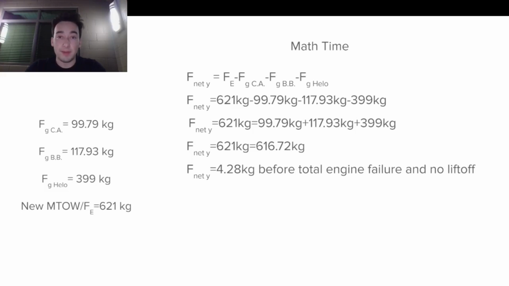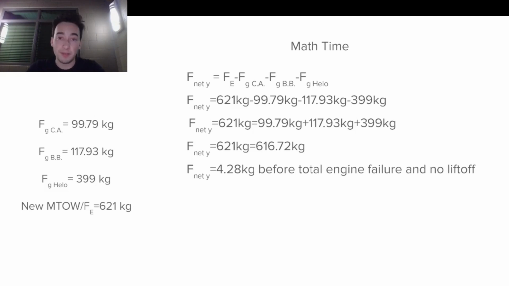When we put everything into our base FNet Y, we get a long string of numbers. We can take all of those FGs, move them to the other side since they're negative at the beginning, which makes them all positive.